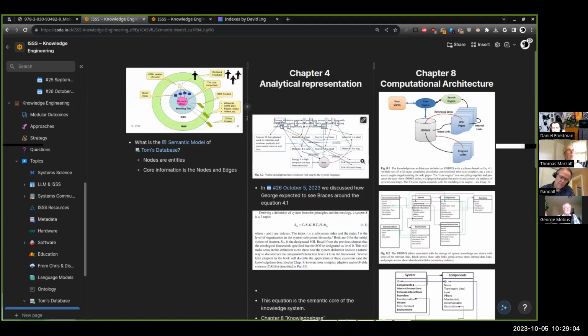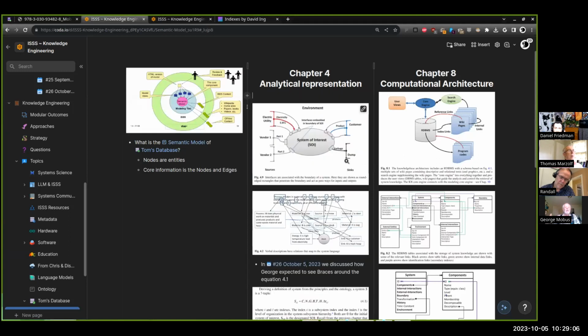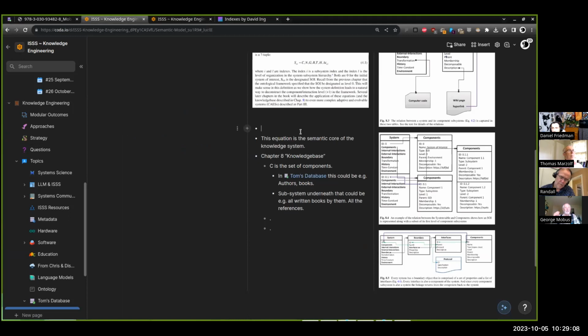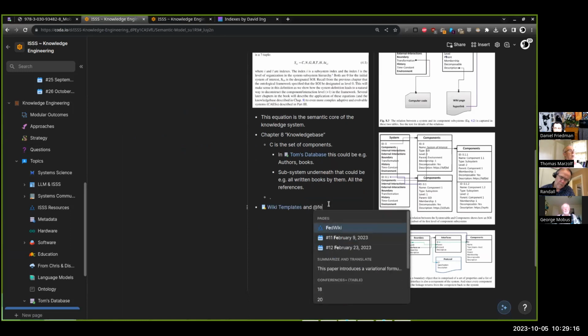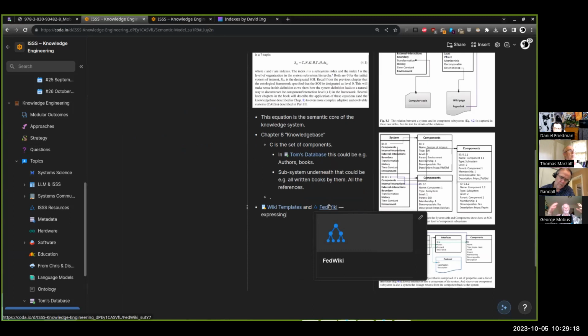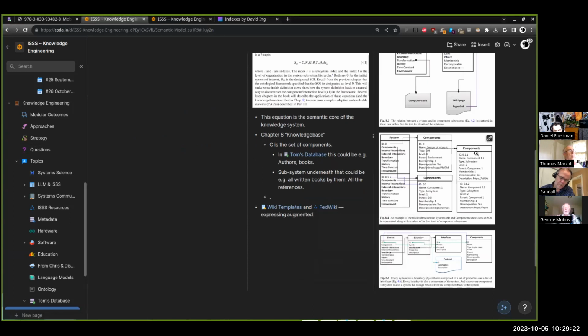If it's a flow, you have a capacity. There's all sorts of things. So a wiki really allows you to express those things in a text form and a more human readable form that goes beyond the data that's in the database itself.